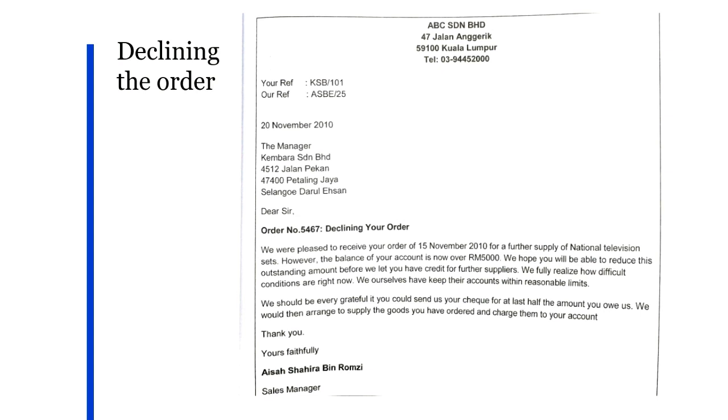We would then arrange to supply the goods you have ordered and charge them to your account. Maksudnya dia terpaksa decline sebab permintaan company tersebut melebihi kewangan yang berada dalam account mereka. Kalau dia orang tak bayar selebihnya, mereka akan decline. Jadi macam mana cara you decline dengan keadaan yang proper kan?